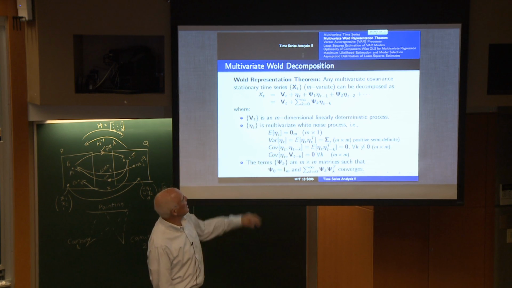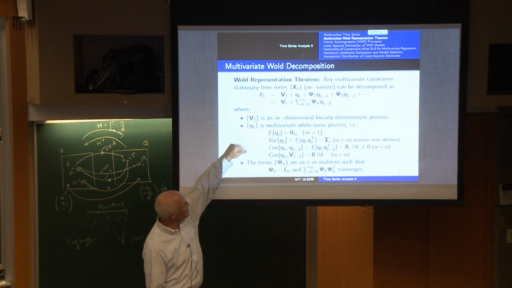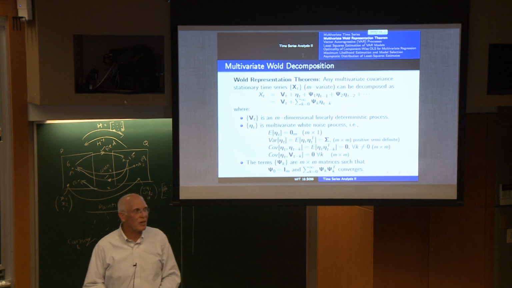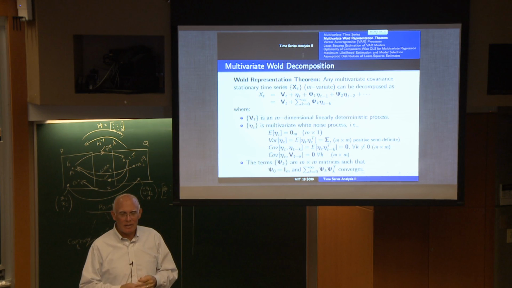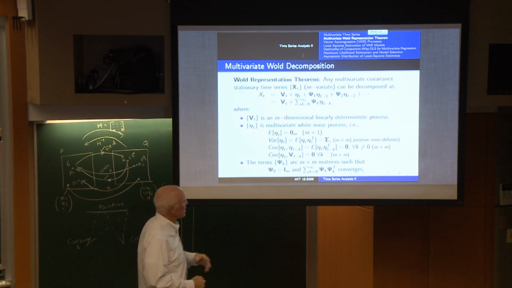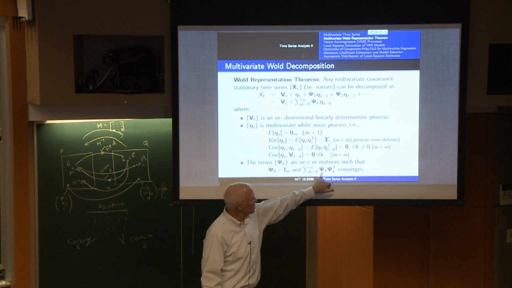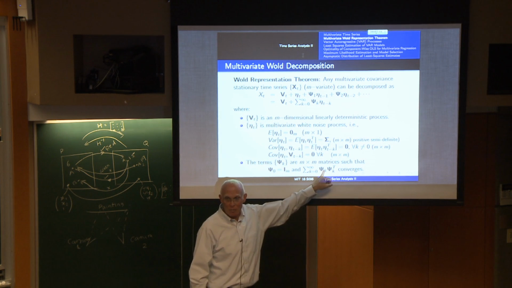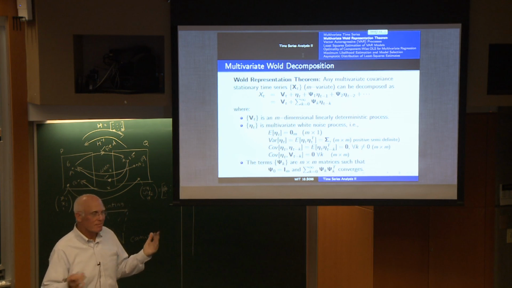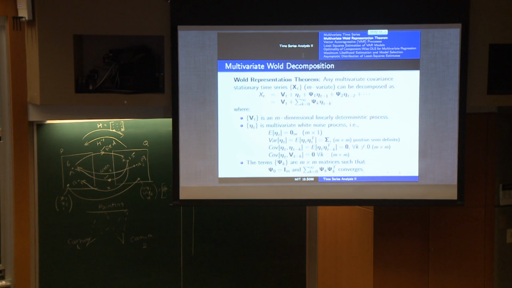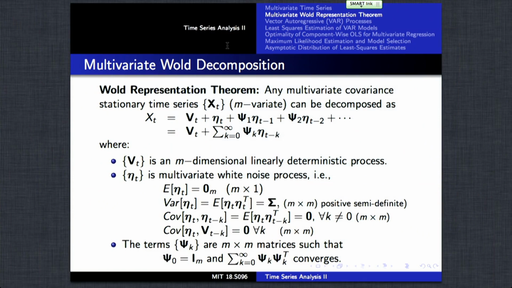If you were to take that x_t process and compute the variance covariance matrix of that representation, you would get terms in the covariance matrix which include this sum of terms. So that sum has to be finite in order for this to be covariance stationary.